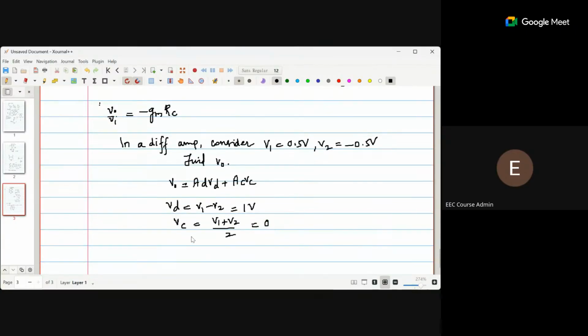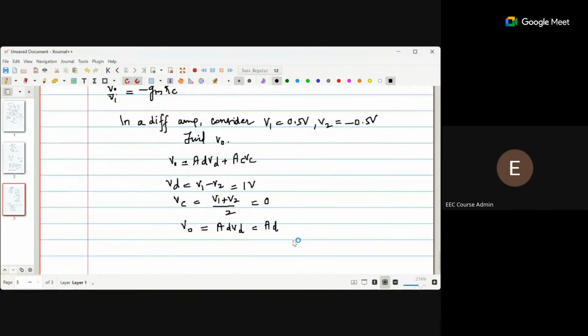So you will have V naught simply equal to AD VD. Correct? So it will be directly the difference mode gain. Correct?